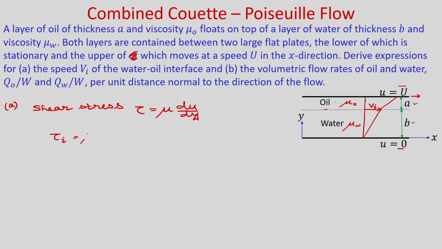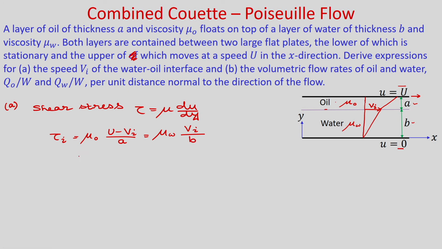It will be mu O du by dy, so it will be (u minus V I) divided by the distance a, because it is a linear velocity profile. And from the water side, it will be mu W V I divided by B.